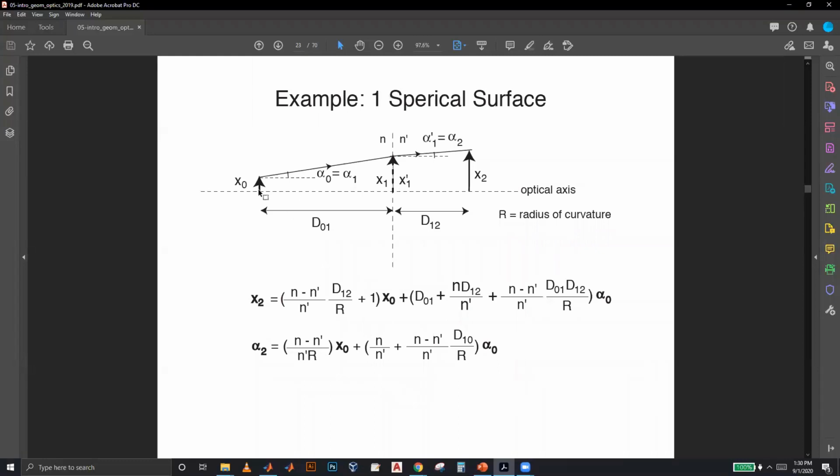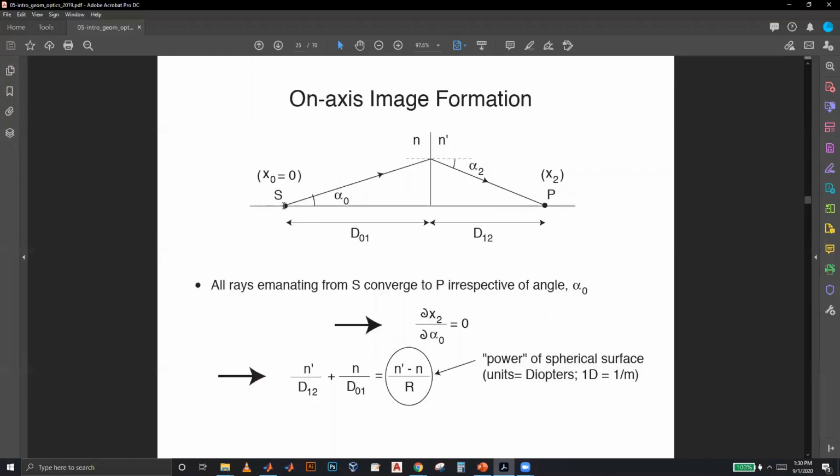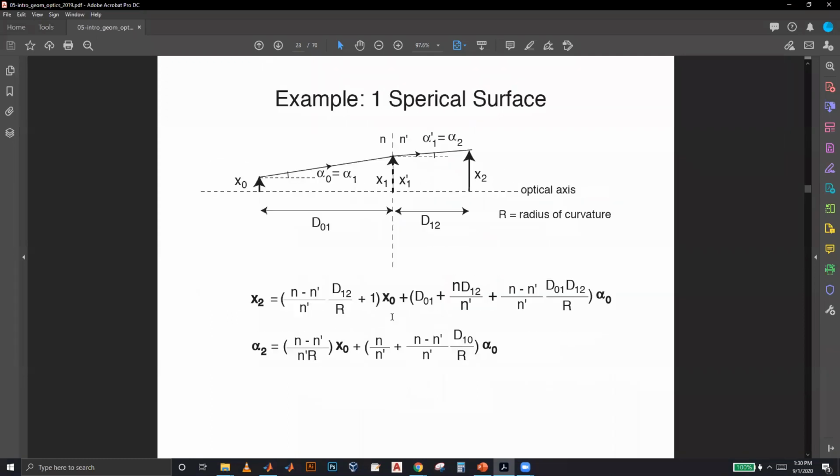One thing we can directly see in the general equation: the ray had a height above the optical axis. In the special case there is no height, so x0 equals 0. And all rays, irrespective of which angles they are going out, have to be collected at the point P to form an image. This means the second term can be set to 0, since there shouldn't be any angle dependence for the image to form.